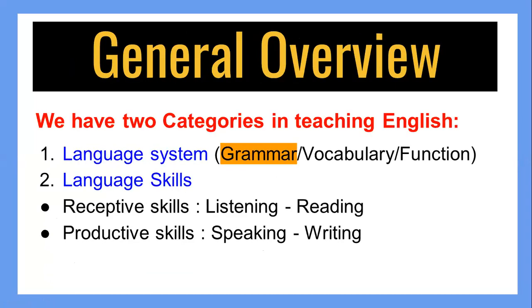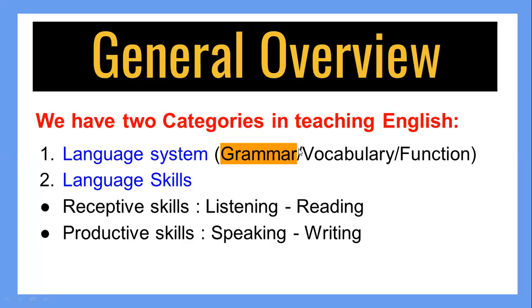Here, as I said in the previous lecture, in teaching in general, we are teaching two things: language system and language skills. In language system, we are focusing on grammar and vocabulary. Last time we tackled vocabulary, and today we're going to talk about grammar. So grammar is part of the language system. When we talk about language skills, we're talking about four skills. Two are receptive and two are productive.